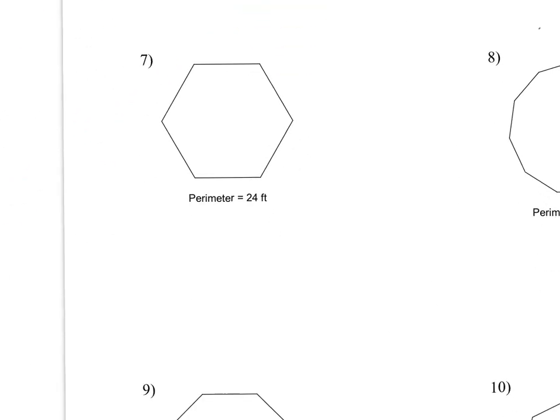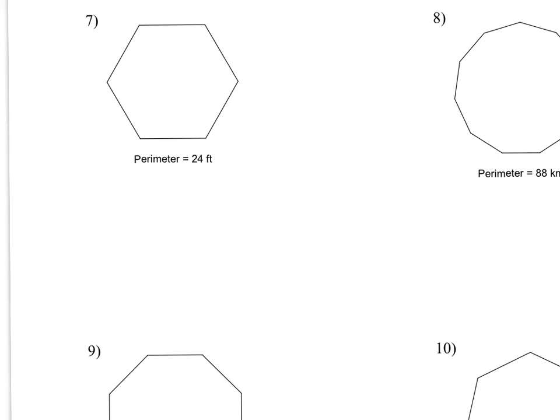Let's look at number 7. I have a hexagon, so I have 6 sides. I'm going to go after this using area equals apothem times perimeter divided by 2. We know the perimeter already. The perimeter equals 24, so we just need the apothem.